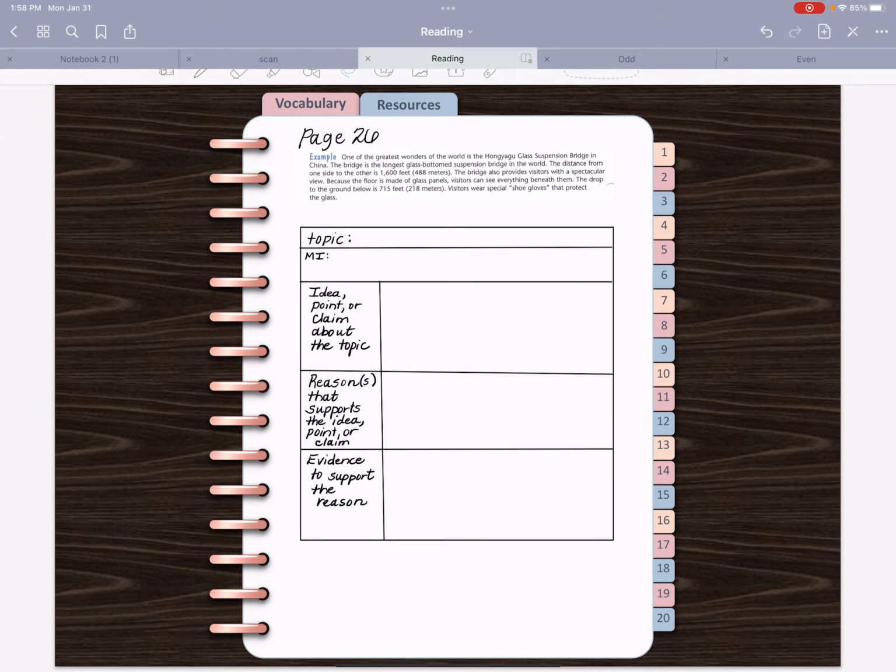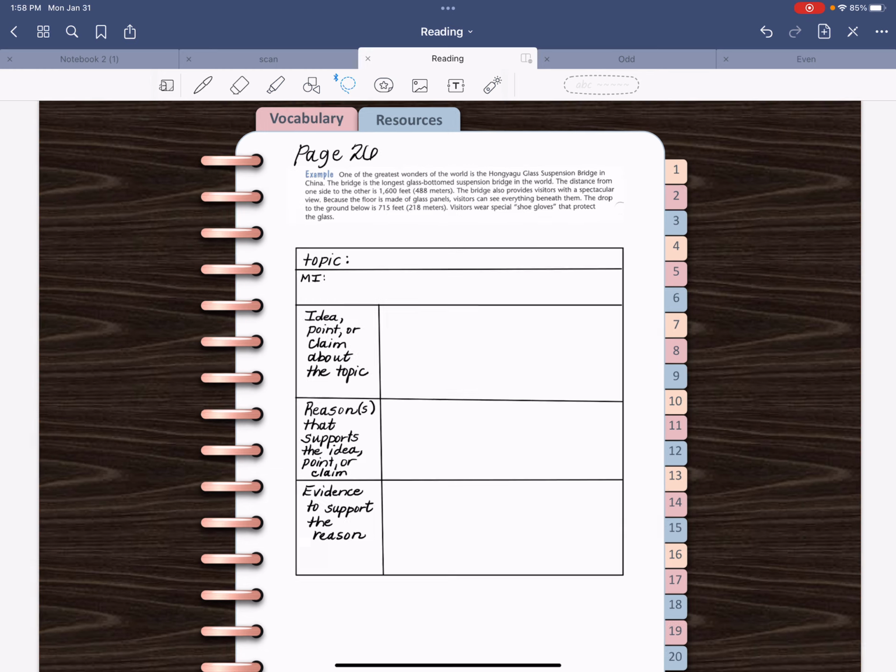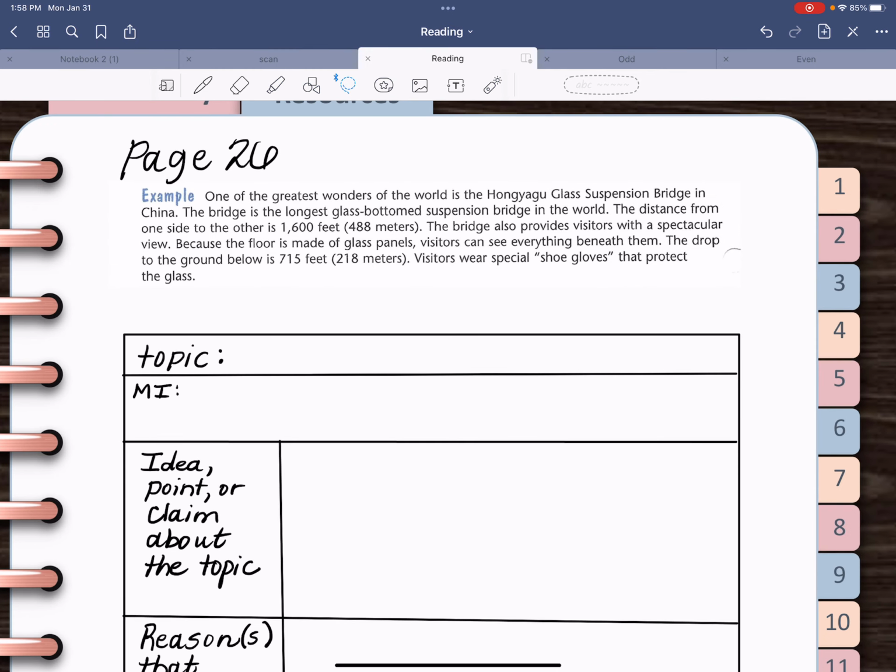All right. So the topic of this passage is that word I can't say. It looks like Hongyagu, but I'm sure that's not right. Hongyagu, I have no idea, guys, and I tried to find it.